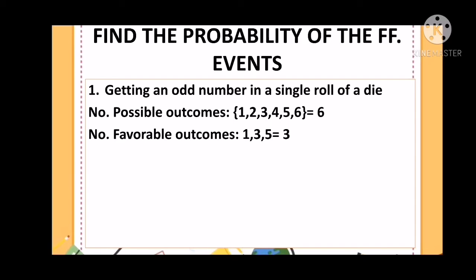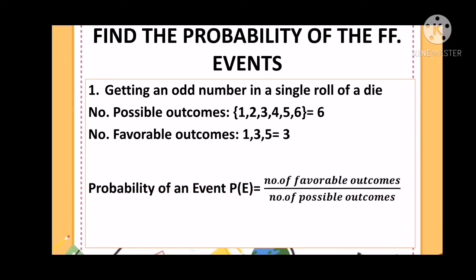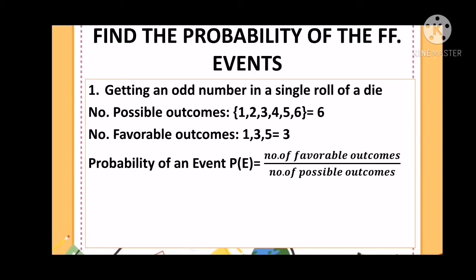What is our formula? The formula is the probability of an event, or P of E, equals the number of favorable outcomes over the number of possible outcomes. Ano ba yung favorable outcomes natin? It is 3 over 6.